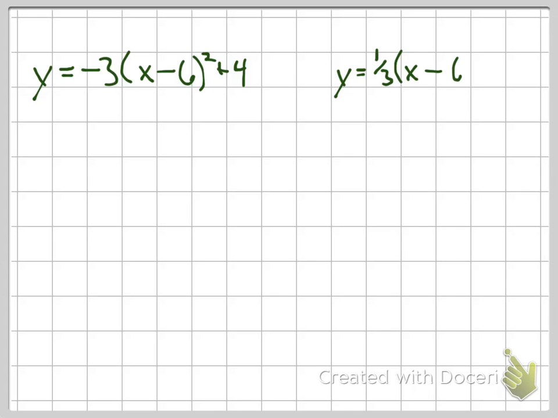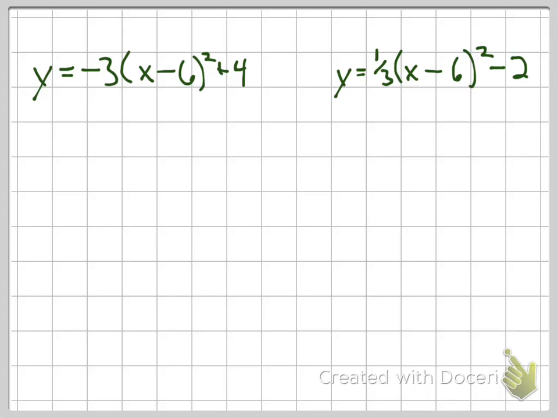Let's go and compare these two. Let's say I have y equals negative 3 times x minus 6 squared plus 4, and then we go y equals 1/3 times x minus 6 squared minus 2. So let's start with what's the same.